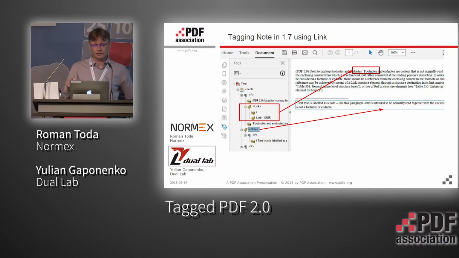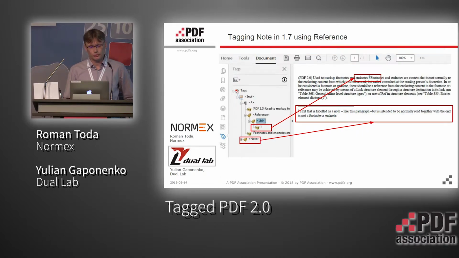You mark the small I, and then you have a link as an object reference to a certain text and to a certain annotation, and then you mark the note as a note that's below the text. This is still possible in 2.0.